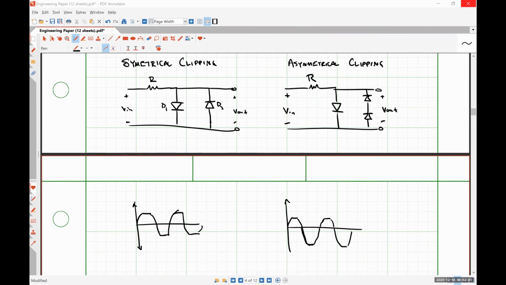Let me make this bigger. It says each group will be given one circuit design problem emphasizing the application of diodes. The goal of this problem will be to convert a given input signal to a specified output signal, which is all detailed in the project descriptions.